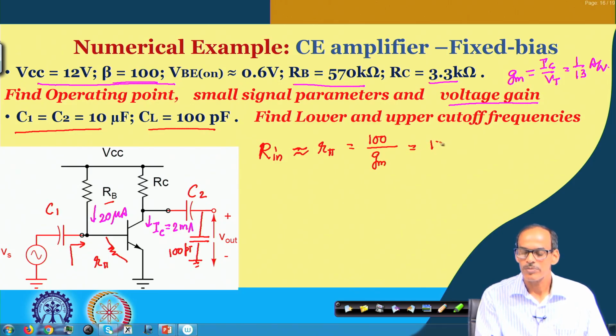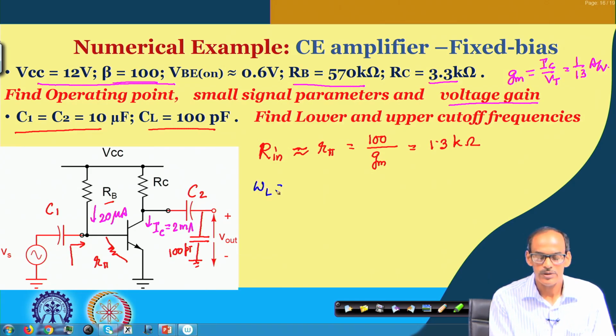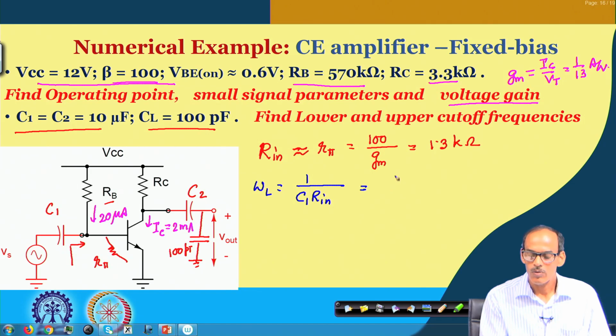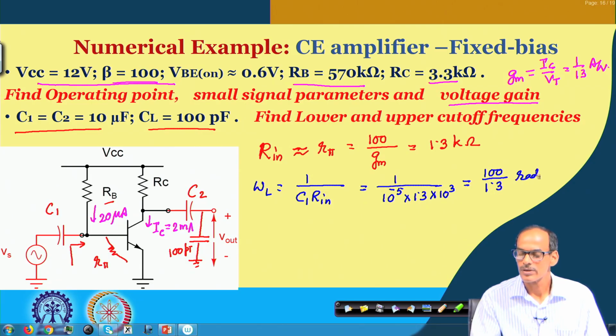So, that is 1.3 kilo ohm, and then the lower cutoff frequency is omega L equals 1 by C1 R in. So, that is 1 divided by 10 power minus 5 into 1.3 into 10 power 3. So, that gives us 100 divided by 1.3 radian per second.